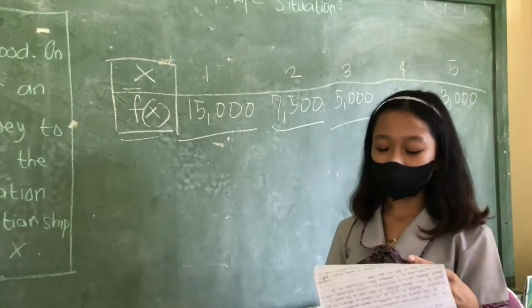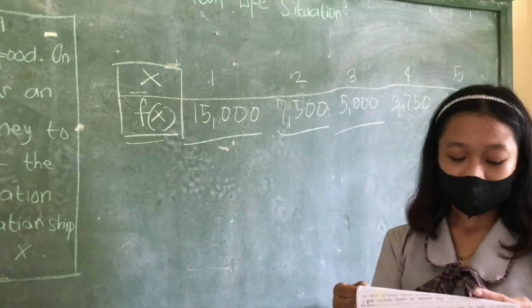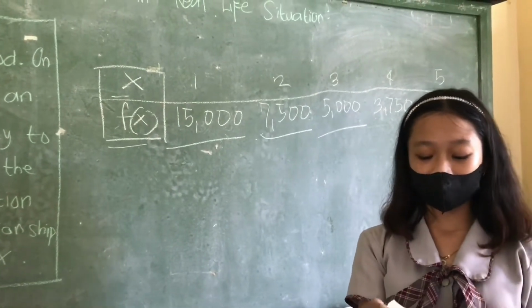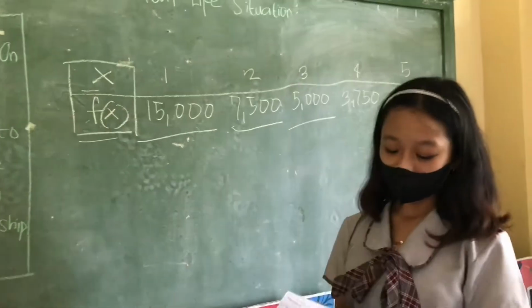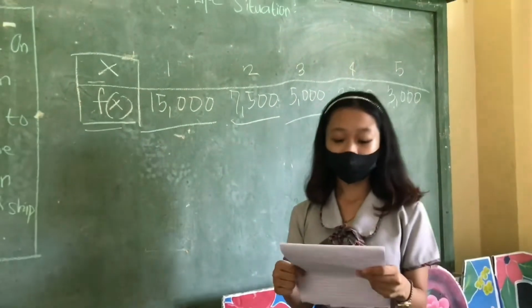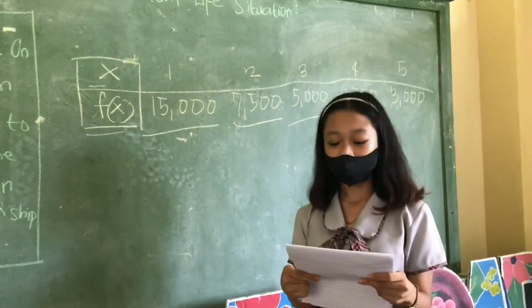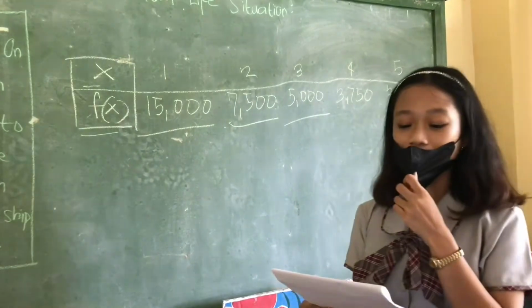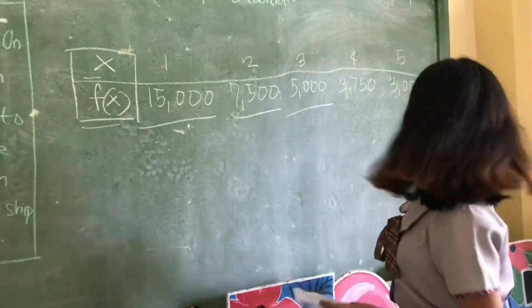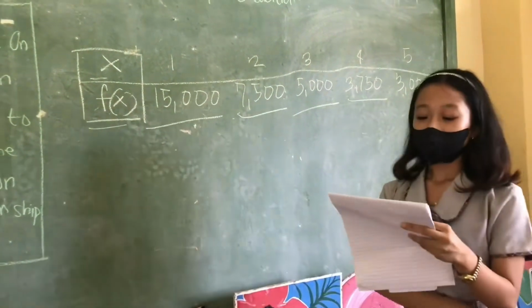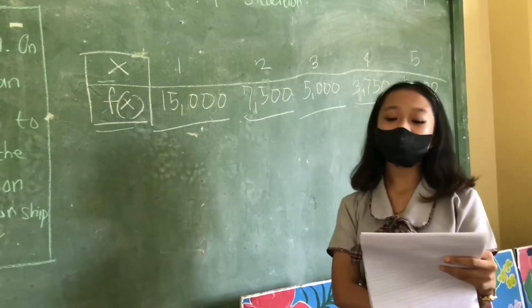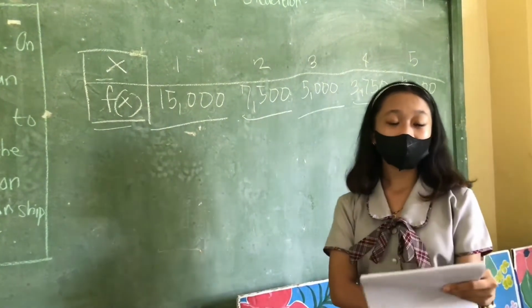Same with the cases of 4 and 5 family members. So 15,000 will be divided or shared by the number of family members. So 4 of them will each receive 3,750 pesos. And for 5 family members, each has 3,000 pesos.